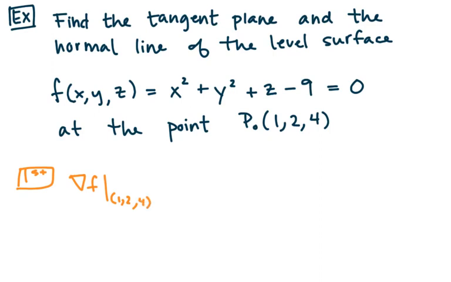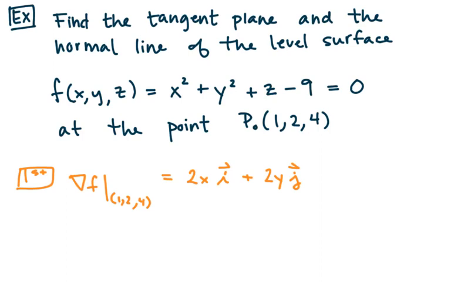And in order for us to write the gradient, we need the partial of the function with respect to x, partial with respect to y, and then partial with respect to z, and each will respectively go with their i, j, and k. So the partial of my function with respect to x is 2x, so I've got 2x i. Partial with respect to y is 2y, so I have 2y j.